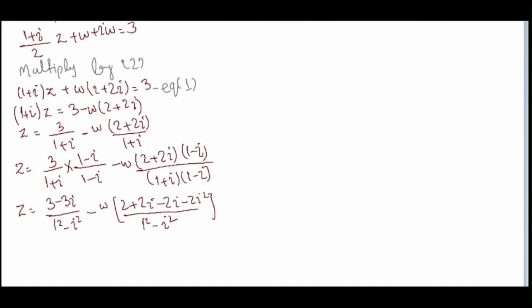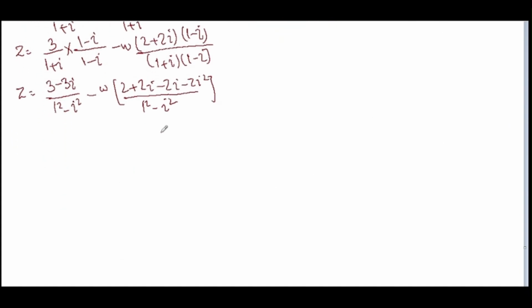Now z equals (3 - 3i) divided by 1 square is 1 and minus iota square is minus 1, minus w into 2 minus 2 into minus 1, because iota square equals minus 1, plus 2 iota minus 2 iota are cancelled, whole divided by 1 square is 1 minus iota square is minus 1.